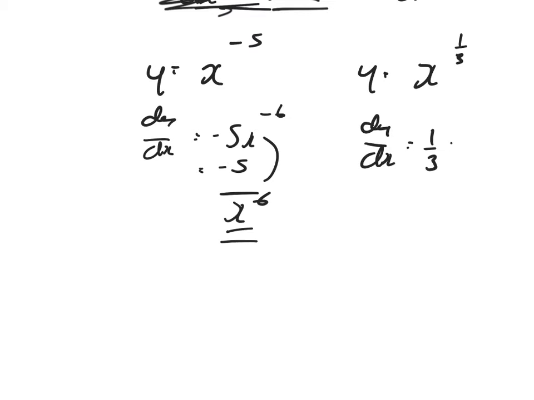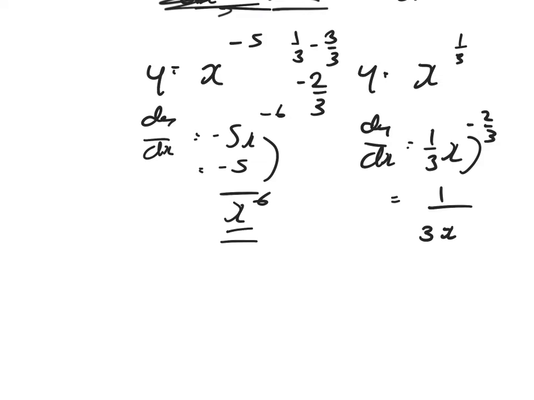So that'll be 1/3 x to the, well, it's 1/3 take away 1, which is 1/3 take away 3 thirds, which is minus 2 thirds. Can then bring the power down, so that will be 1 over 3 lots of x to the positive 2 over 3, which is 1 over 3 lots of the square root of x all cubed.